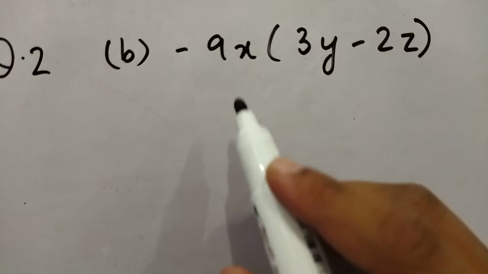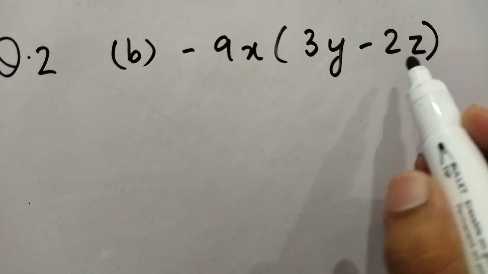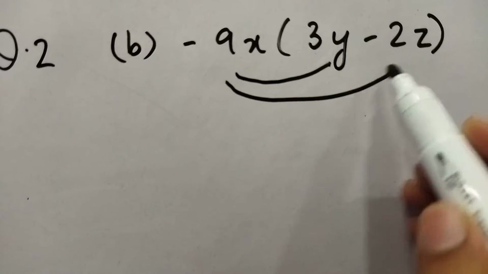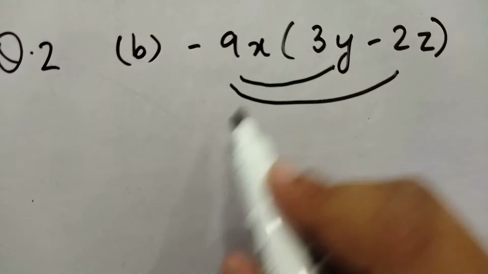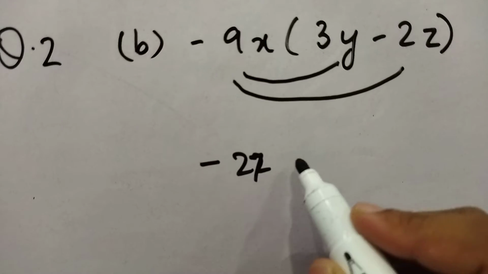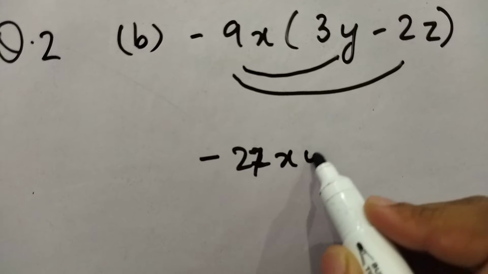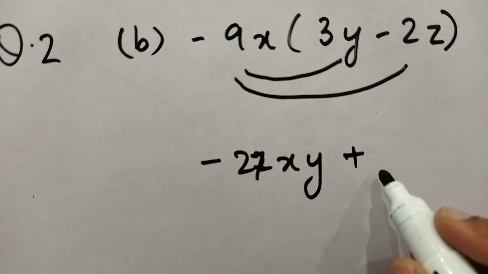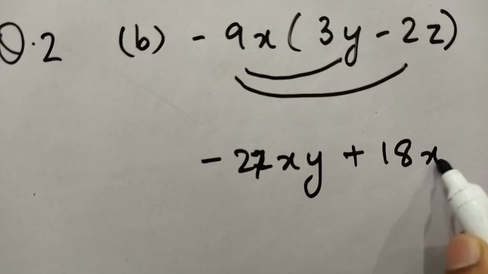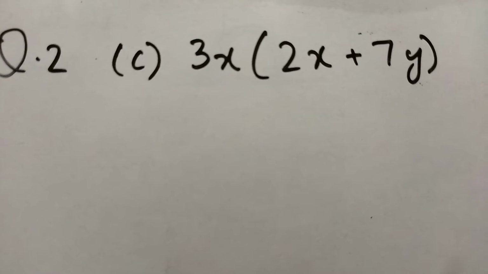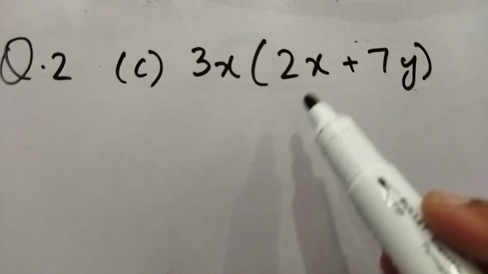This is part B, minus 9x into 3y minus 2z. First we are going to multiply this with 3y, then with minus 2z. It will give us minus plus minus, 9 3s are 27, xy is xy. Then minus minus plus, 9 2s are 18, xz. This is the expanded form. Part C says 3x into 2x plus 7y.